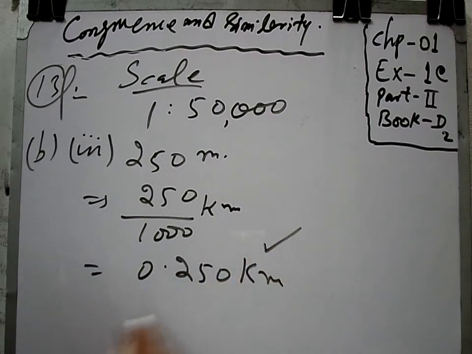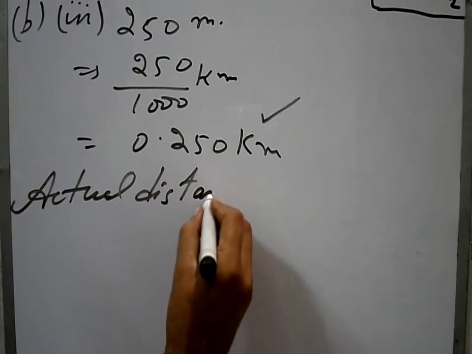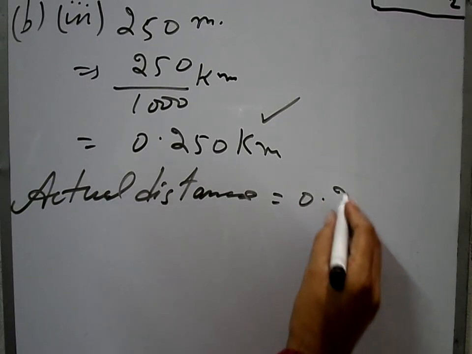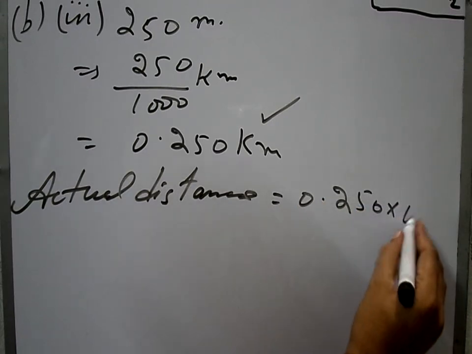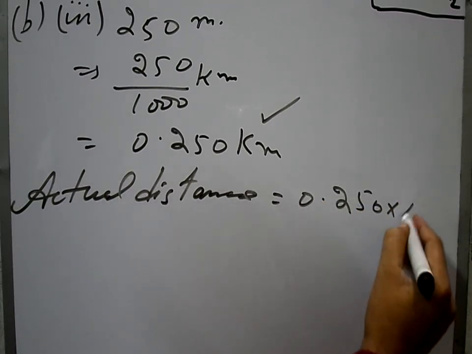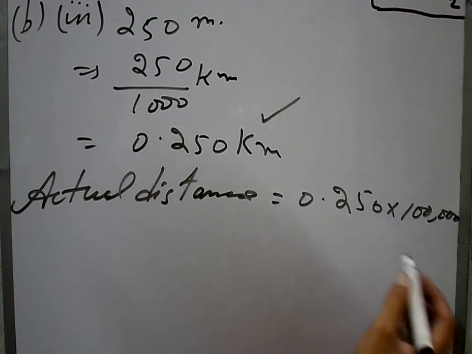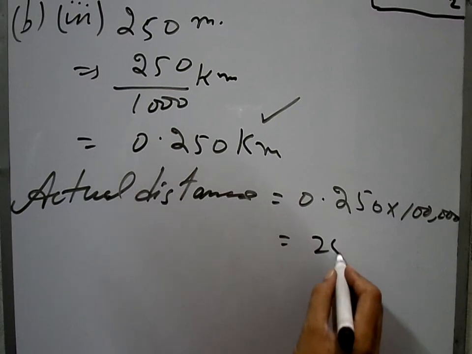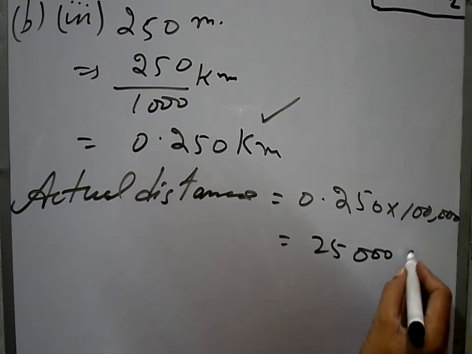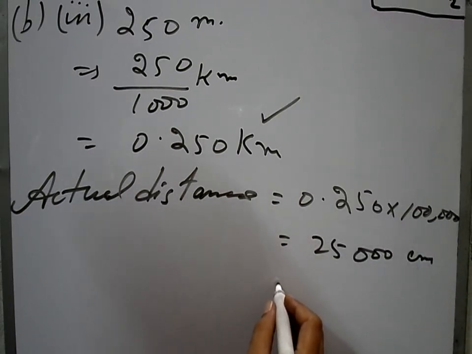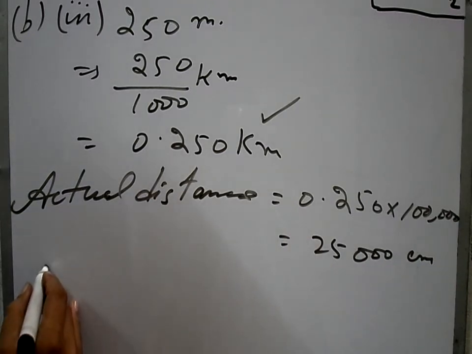So actual distance is equal to 0.250 multiplied by 100,000. It will be 25,000 centimeter.